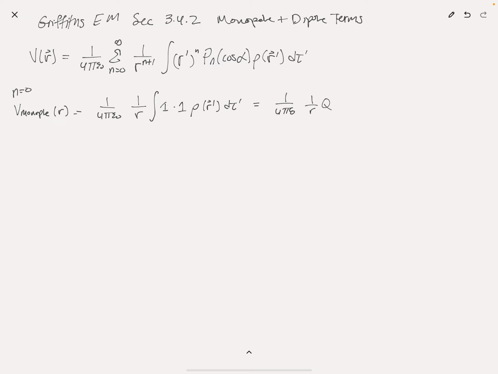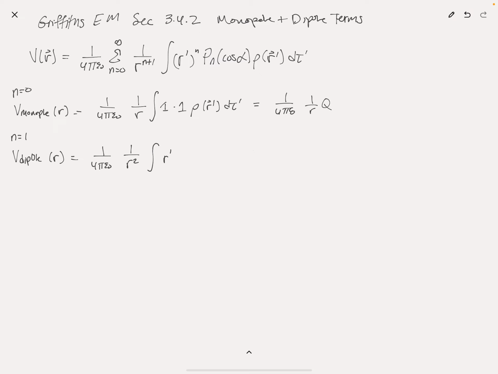The next term, which usually dominates when the monopole term is 0, is called the dipole term. I'm going to go ahead and plug in n equals 1 to my top expression. I get 1 over r squared. I've explored this a little bit in a previous video. Taking the integral of r prime.